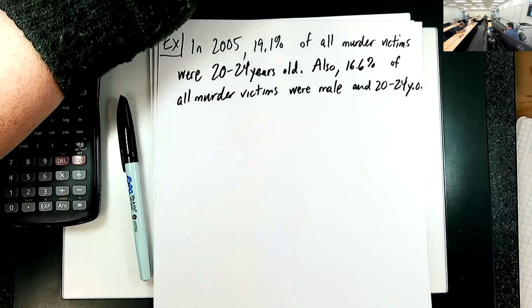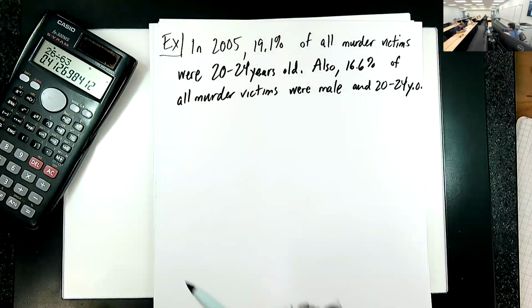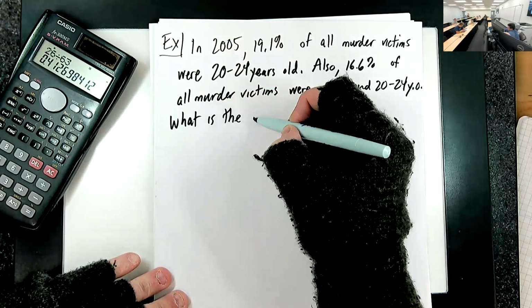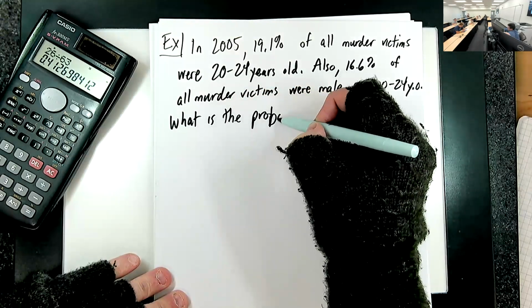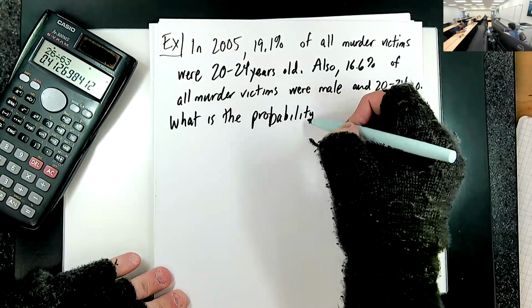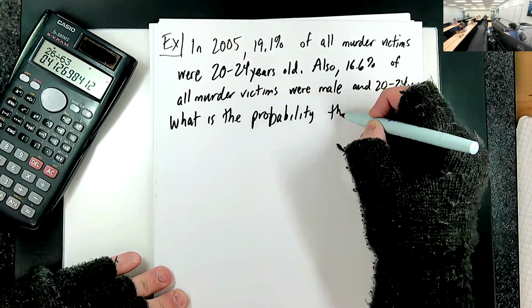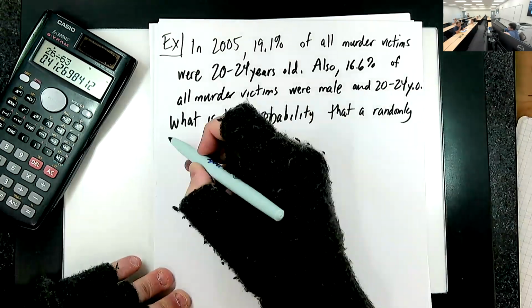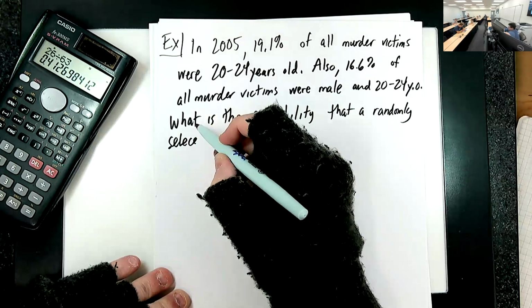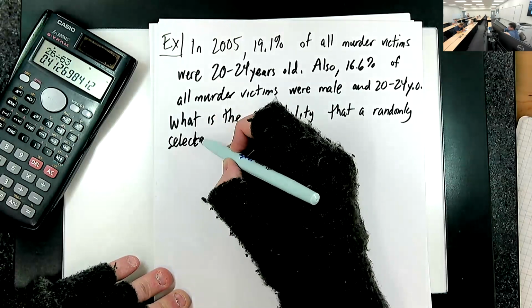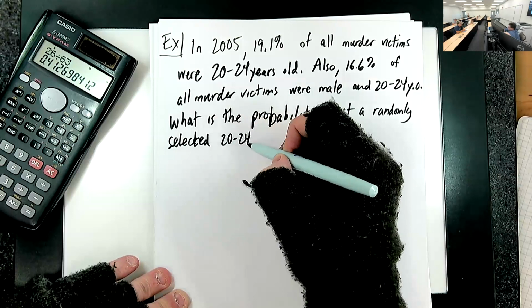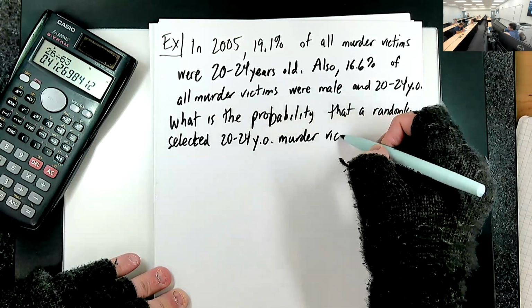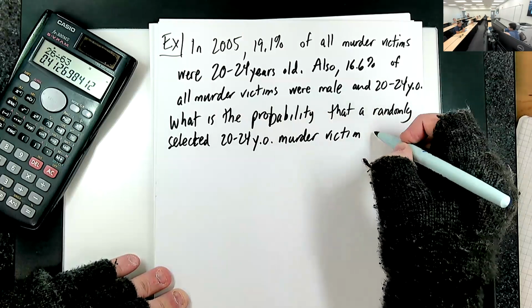So the question here is, what is the probability that a randomly selected (20 to 24-year-old) murder victim was male?